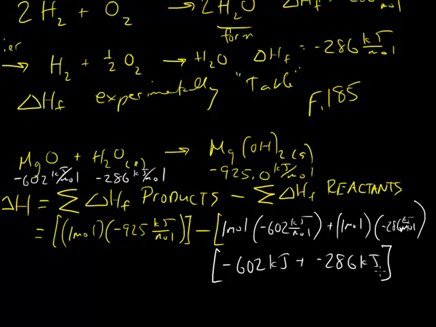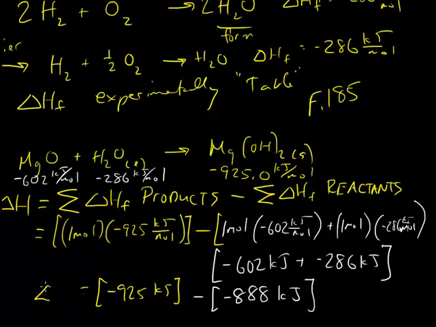When we add those two together, we get a value of negative 888 kilojoules. This value over here is the negative 925 kilojoules when we multiply out the moles.